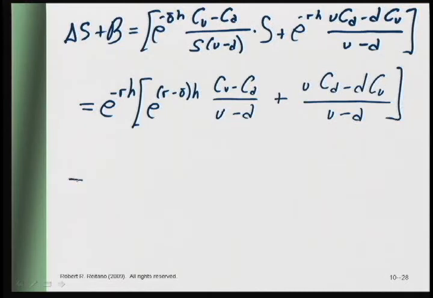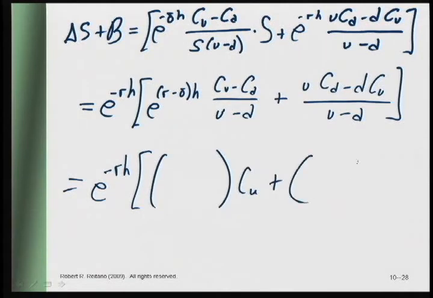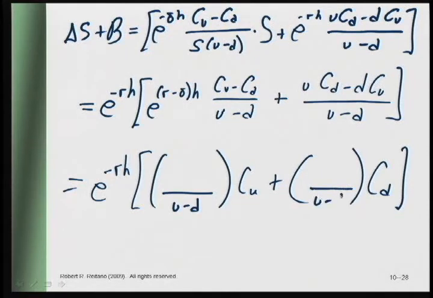So now all we have to do is collect terms. We're going to have a coefficient of CU and a coefficient of CD. And when you simply collect the terms, they're both going to be over U minus D. That's the common denominator in all my expressions.